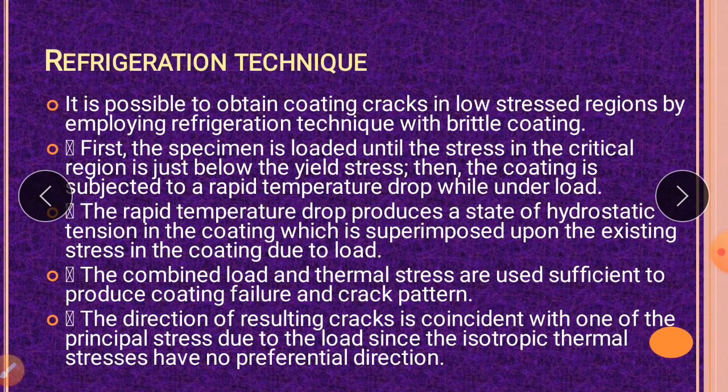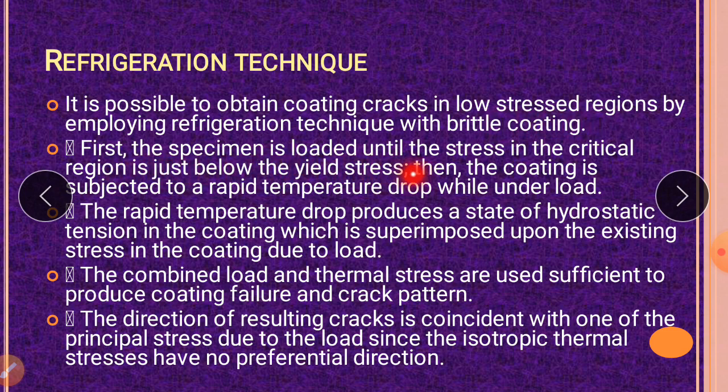The coating is going to crack when it reaches its limiting value of strain, and when that is crossed, it will get the cracks. But in low stress regions, we have to determine this differently.